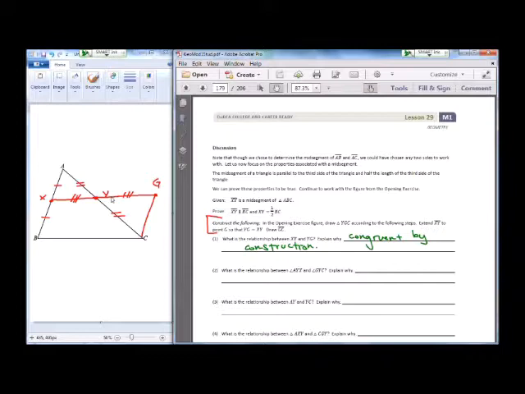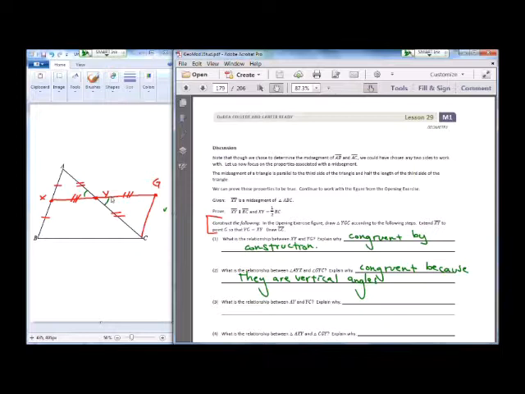Number two, what is the relationship between angle AYX, this angle, and angle GYC, this angle? Well, they're congruent because they're vertical angles. Third, what is the relationship between AY and YC?